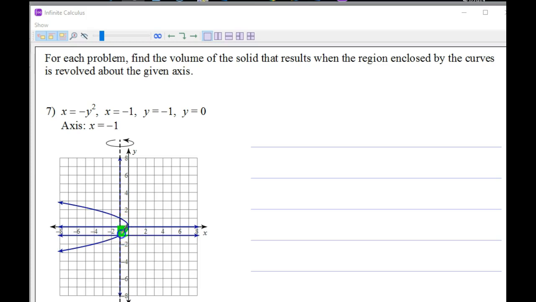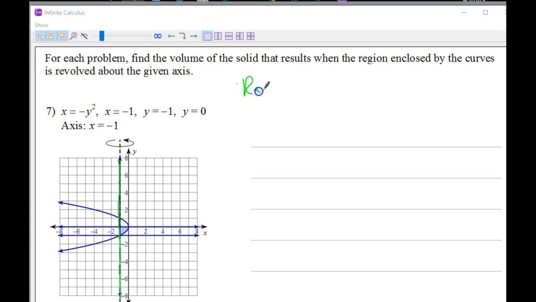So we're just capturing that little chunk right there. Now, the axis we're rotating around is right here. It's not 0 this time. The axis is x equals -1.